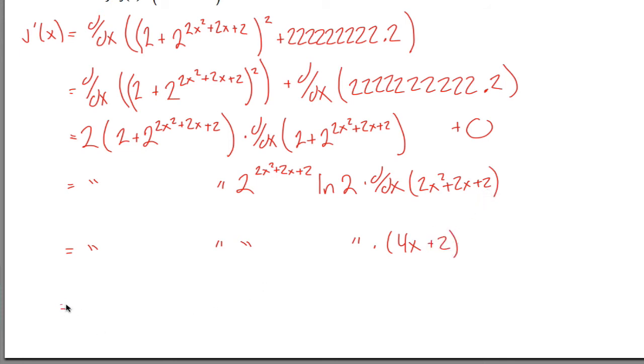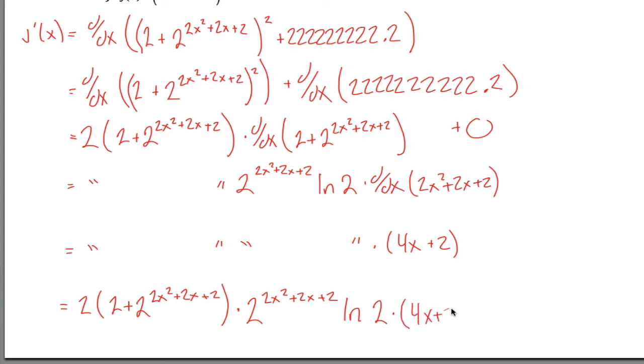So what I get for my final answer is 2 times 2 plus 2 raised up to the 2x squared plus 2x plus 2, times 2 to the 2x squared plus 2x plus 2 times the natural log of 2, times 4x plus 2. And I got this one I copied, this one I copied, and this one I copied. This entire mess right here is our final answer.